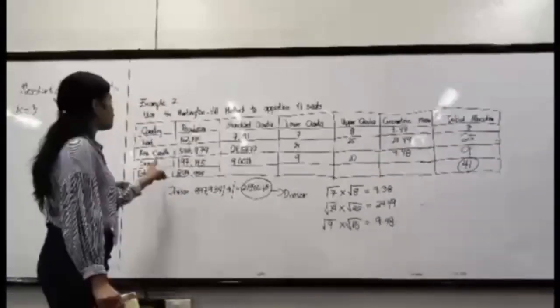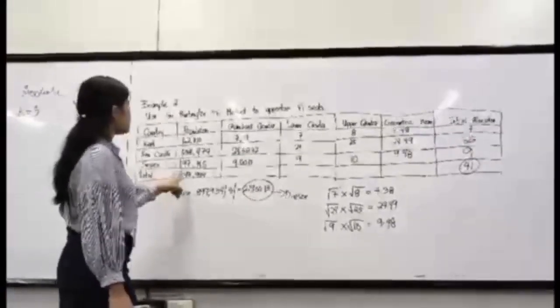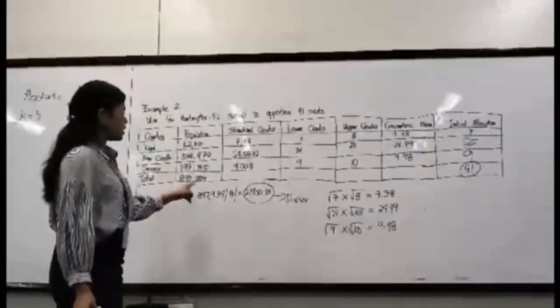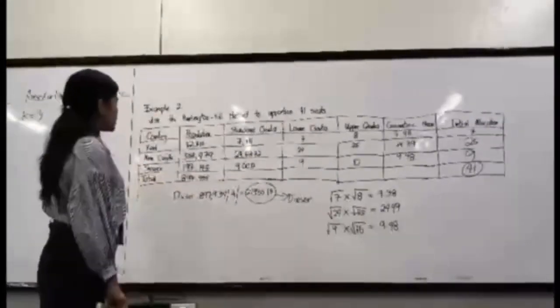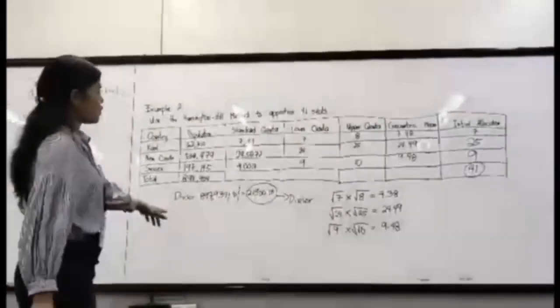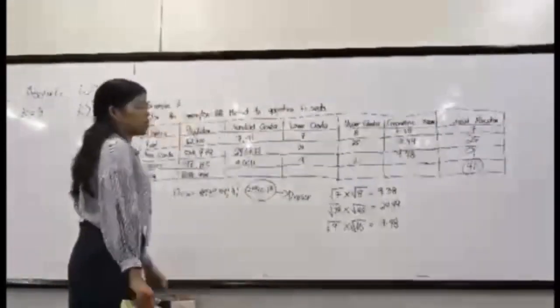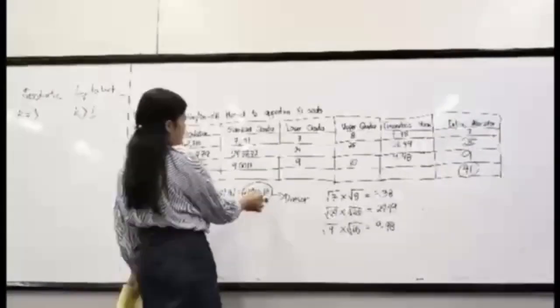Next, we should find our divisor. To find our divisor, we should divide our total population by the seats. So 897,934 divided by 41 is equal to 21,943. So this is our divisor.